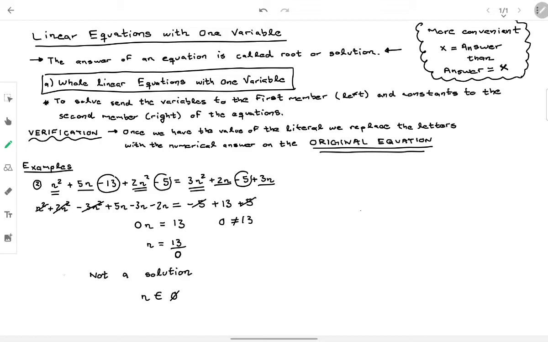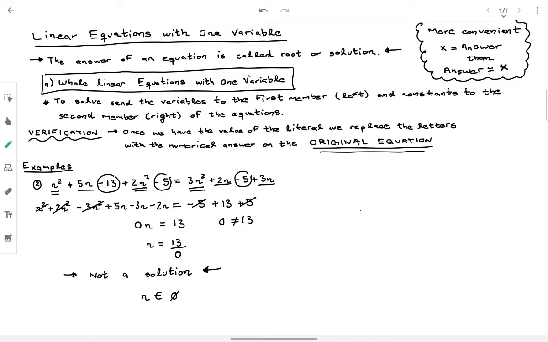So we can put either in text that there is no solution for this equation, or we can put it mathematically that n is an empty space that doesn't have a specific value. Of course, in this case, it's impossible to do the verification process since we don't have an answer.